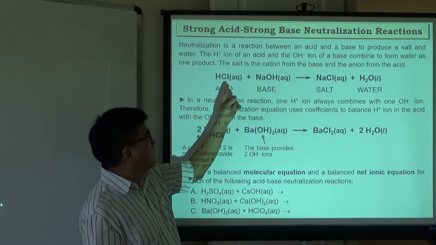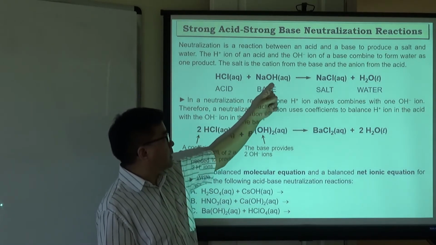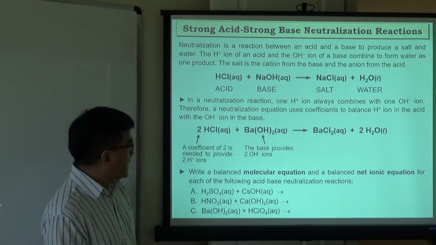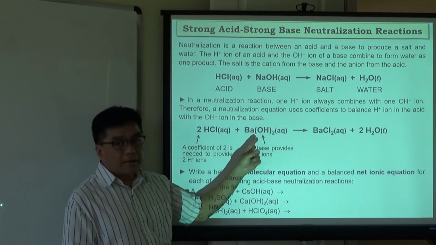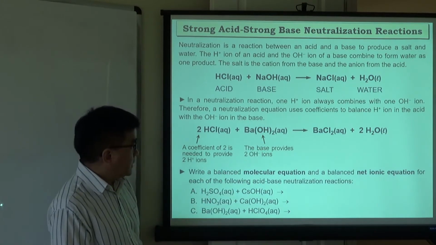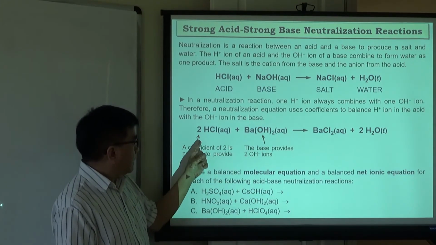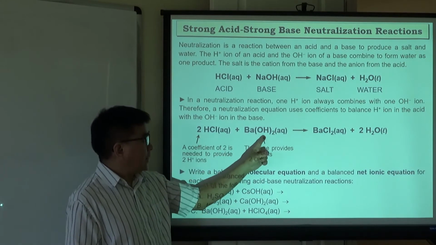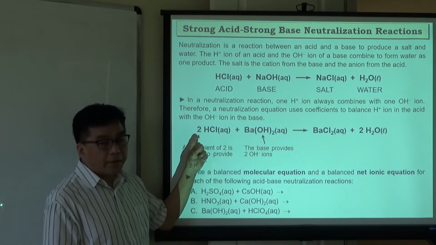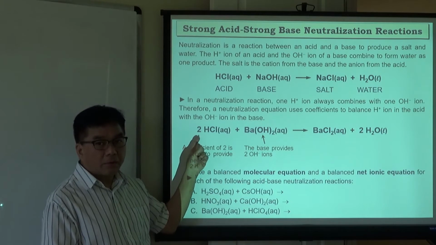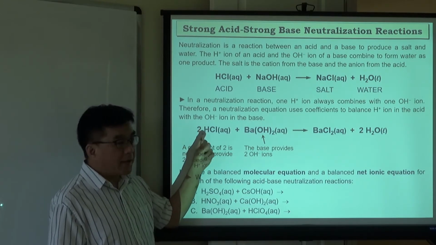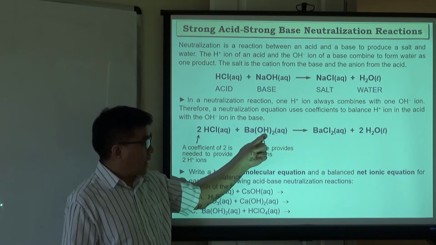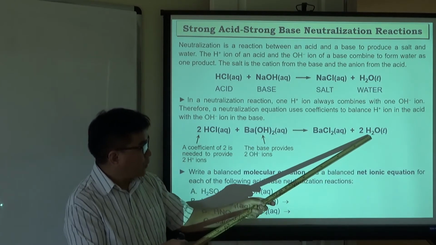So this is a monoprotic acid, and the base only produces a single hydroxide. Okay, if you use a base that has 2 hydroxides, like barium hydroxide, so this is a strong base also, then because it has 2 hydroxides, you need to put a coefficient 2 in front of the hydrochloric acid formula in order to produce 2 hydrogen ions, which react with 2 hydroxides to give you 2 water.